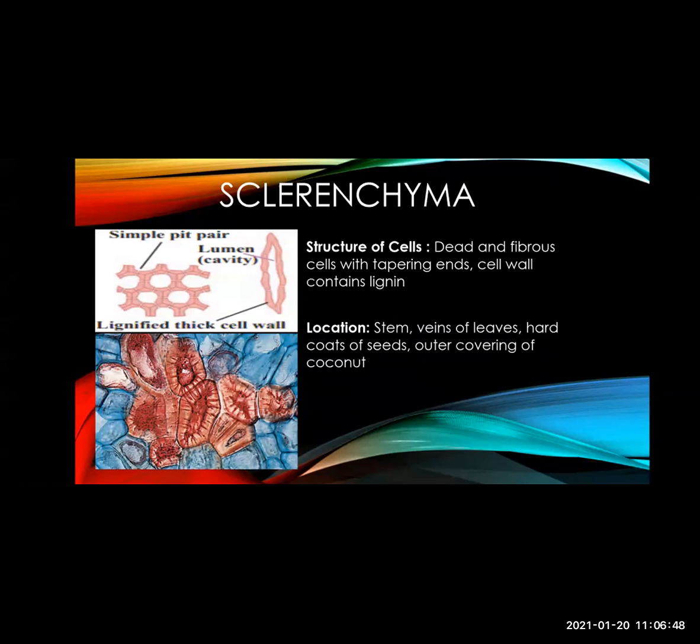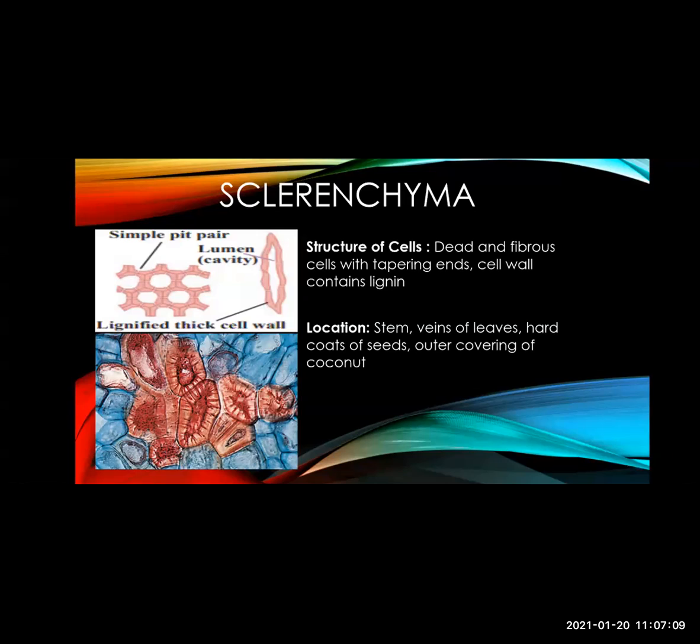Now, where are these present? Whatever brownish part you see in the plant, the dried leaves which have turned brown, it is because of lignification. That is, more sclerenchyma is developed in that. Then you see the stem of the plants which has turned brown.